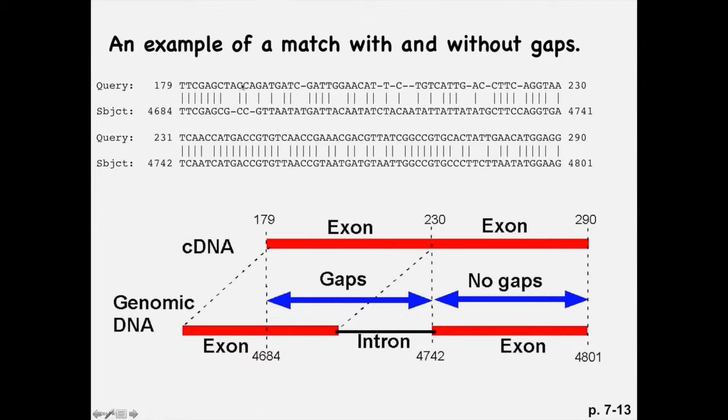Without the gaps, if you take a look here, you have bases. Here's our cDNA. We have an exon, and here's an intron, exon. And there's an area here where you have some gaps, and it's actually reflected in the sequence.